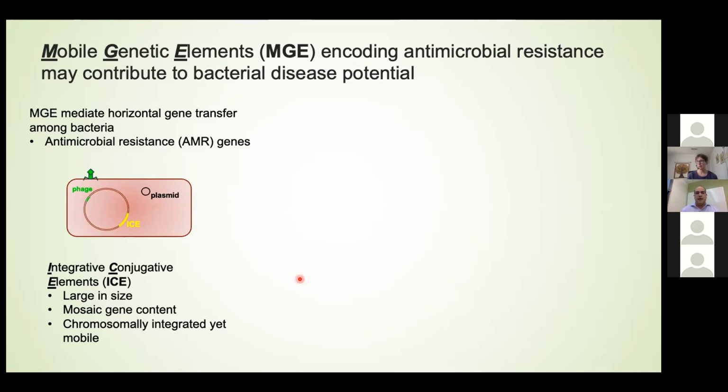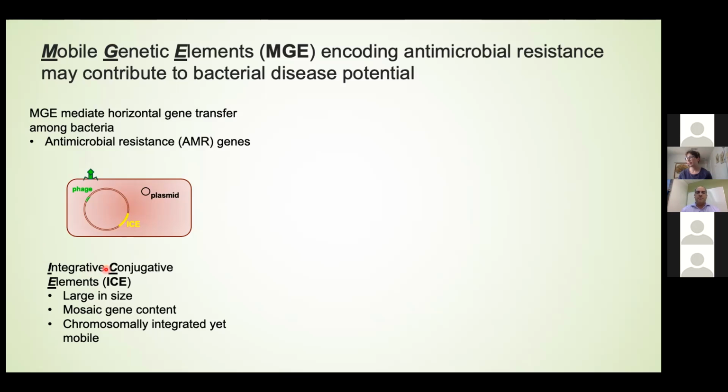And as elements that horizontally transfer among bacteria, these are the primary vehicle by which antimicrobial resistance genes are maintained and disseminated across bacterial strains and bacterial species. So it's very important to study them, as Shreya pointed out, given the impending crisis with rising rates of antimicrobial resistance and the threat that this poses to public health.